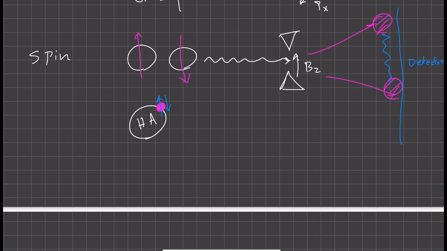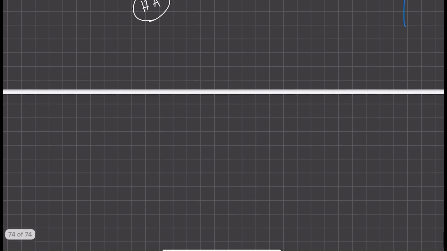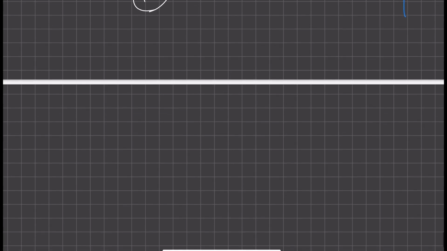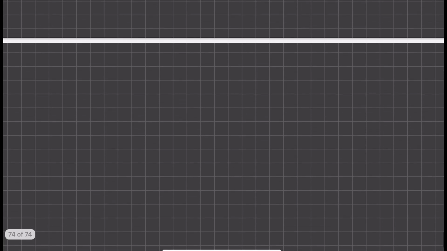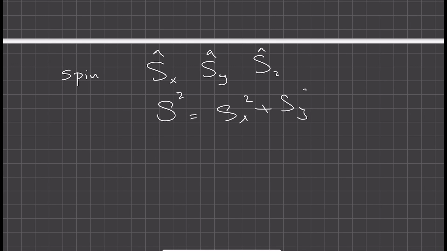But the experiment is not the reason we think the spin should have finite dimension. The algebra of the spin is what determines the dimensionality of the spin. So in general, when we are talking about the spin operators, we're talking about Sx, Sy, and Sz, and then S squared, or the magnitude of a spin, is defined as Sx squared plus Sy squared plus Sz squared.